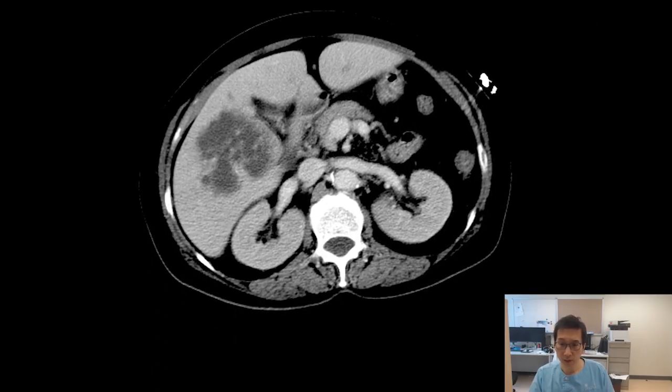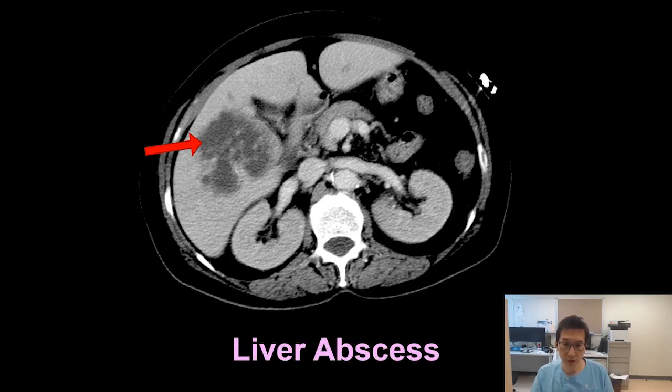CT, of course, is also very good at looking at solid organ abscesses, such as the liver. Here we can see a huge liver abscess. And it can also give information on whether the abscess is well formed, where it is, and whether it's got any liquefaction for possible drainage.